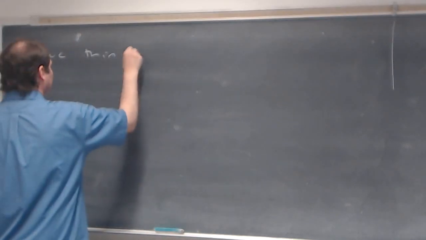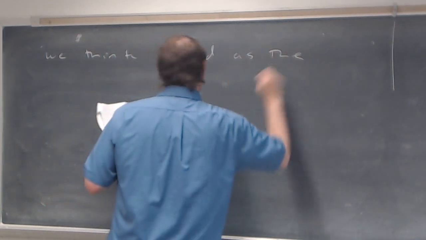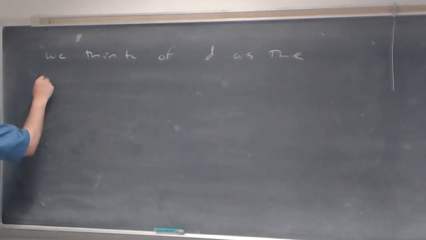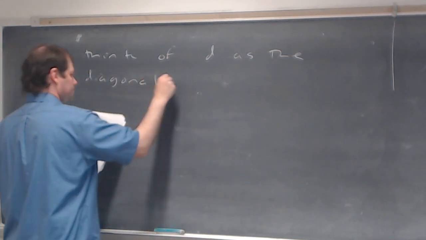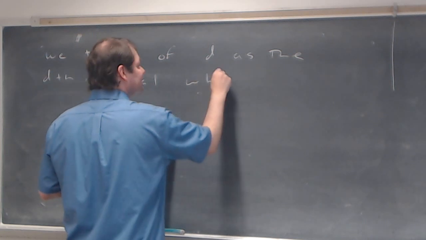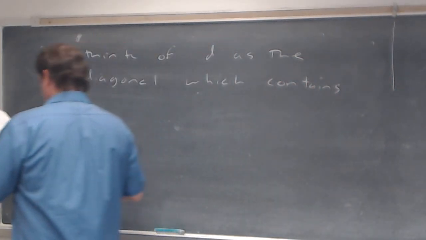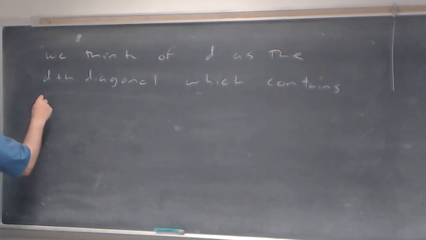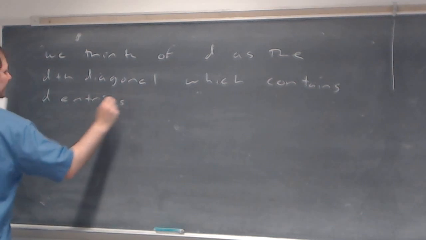So we think of D as the D-th diagonal, which contains D entries. Okay, that's all I want to say.